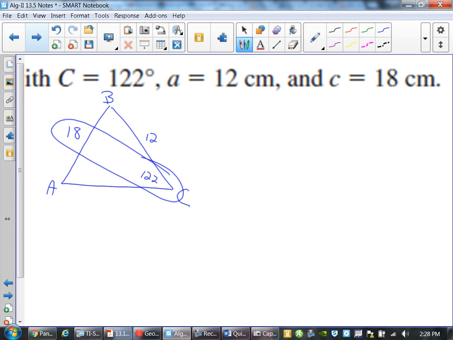Within the law of sines, you do run the risk of possibly having multiple triangles. The reason that happens depends upon the angle that you start with. If the angle you start with is acute, and the next angle you find still has a supplement that would work, you could end up with two different triangles. That happens because of trigonometry that you haven't quite learned, but it's not a big need to know right now for law of sines.